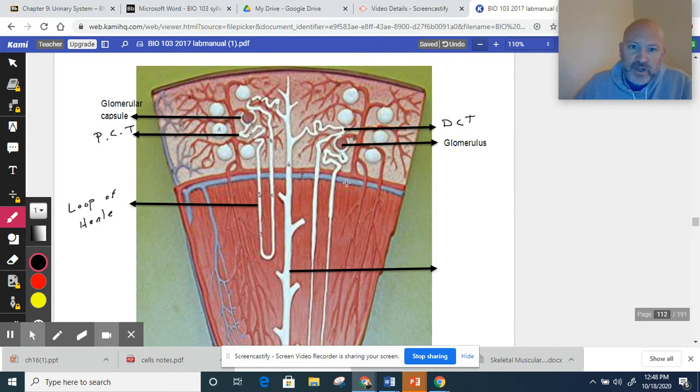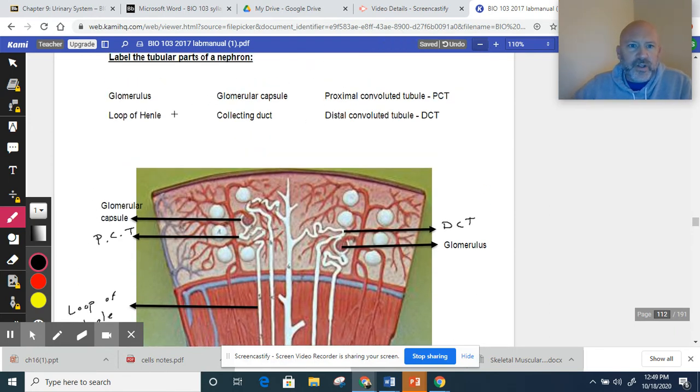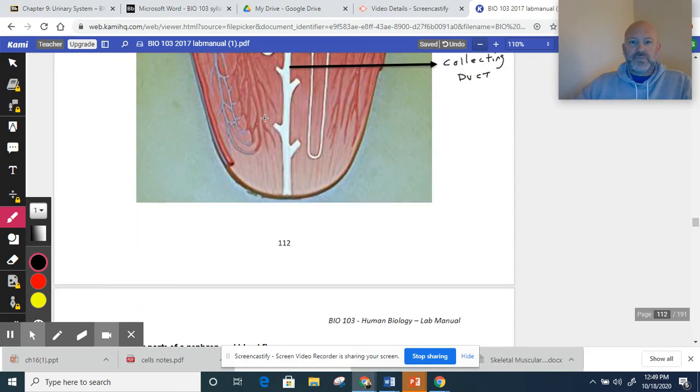Now you can see one collecting duct receives urine from multiple nephrons. This is called the collecting duct. Sometimes it's called collecting tubule. What is this one calling it? Collecting duct. We'll stick with that.